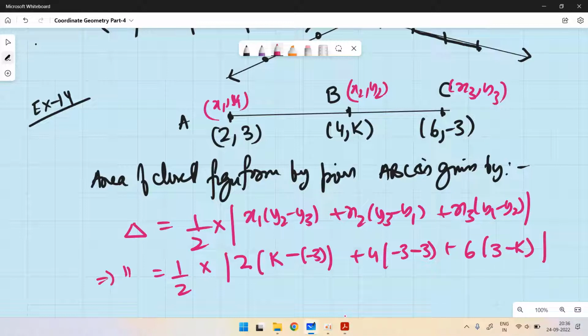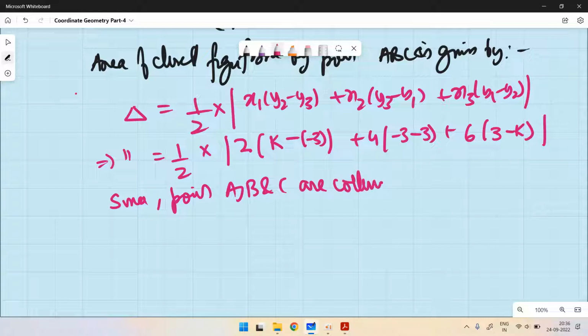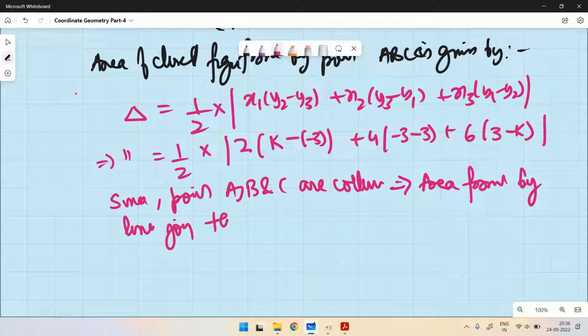Now this is your area, but what is given in the question? The points are collinear. So you will write that since points A, B and C are collinear, the area formed by the line joining the points A, B and C will be 0.